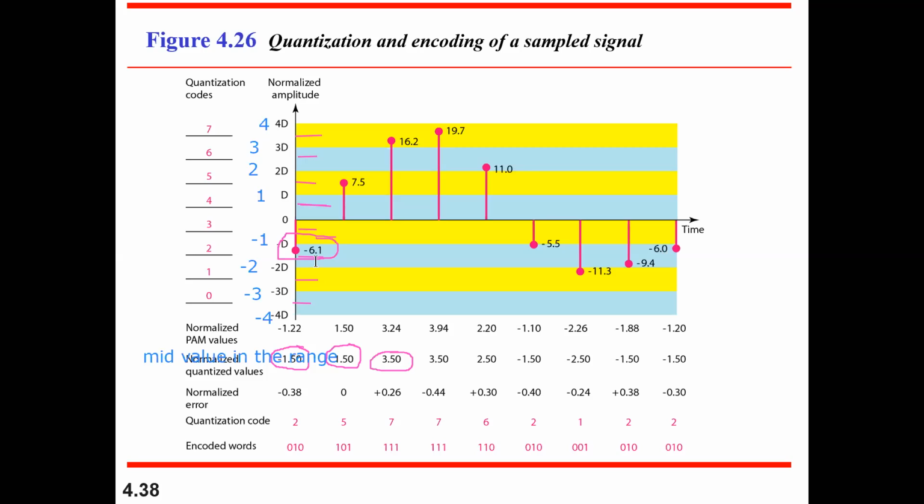Quantized code, how you are getting it: with respect to your -6.1, it is lying in this particular level. These are all nothing but levels, which we'll be fixing while calculating the delta value.